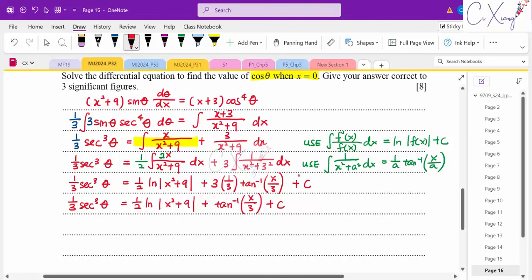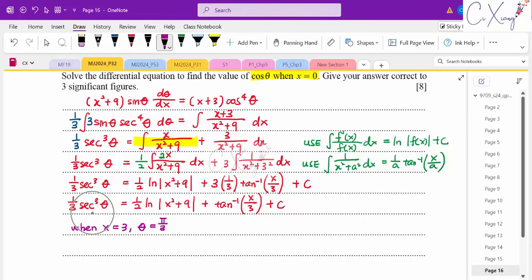Now before I can answer the question to find the value for cos theta, I need to find out the value of c first, the constant value. I'm using the initial value given in the question. When x equals 3, theta equals pi over 3.